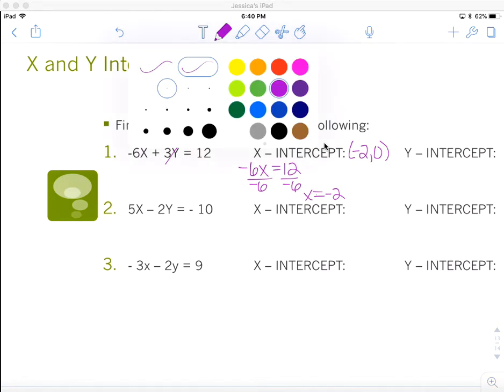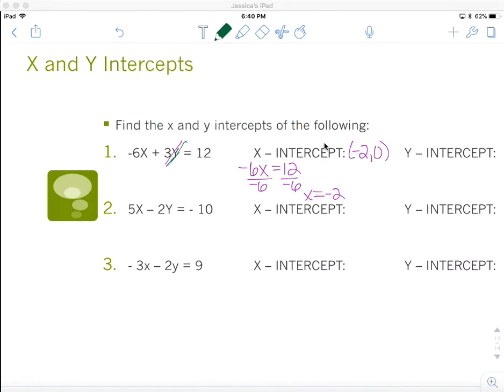For my y-intercept, very similar, except this time I plug in 0 for x. If 3y equals 12, then when I divide by 3, y equals 4, meaning my y-intercept is 0, 4.